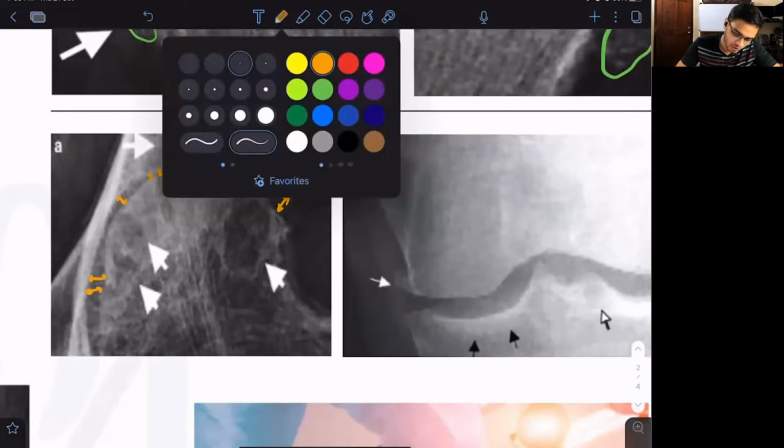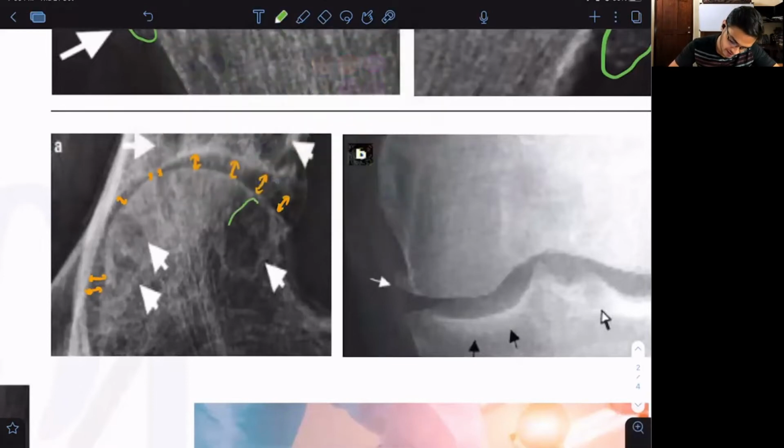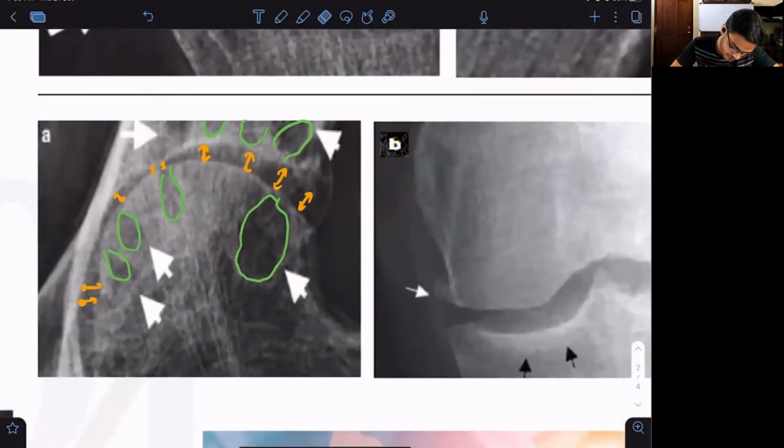What I want you all to understand here is, guys, look at these structures. What are these? These are subchondral cysts, right? Now, some of them you can see have the communication still open with the joint space.